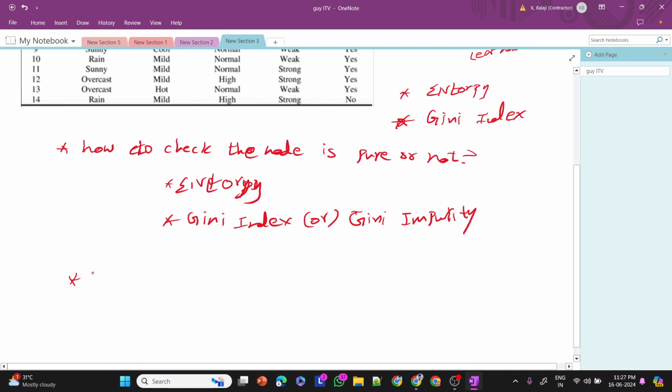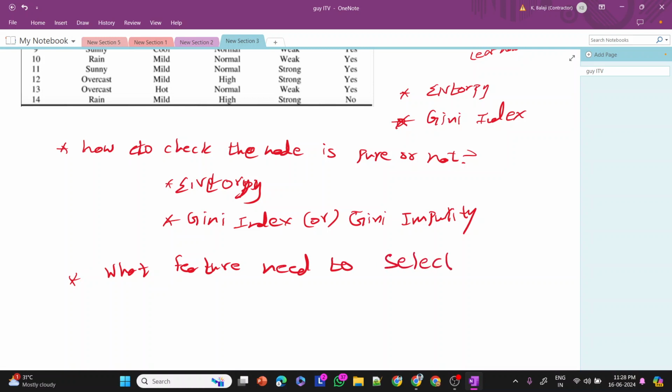And what feature needs to be selected for the split?